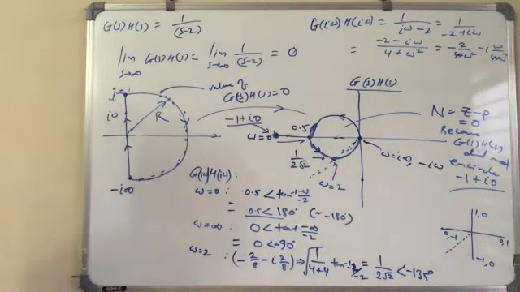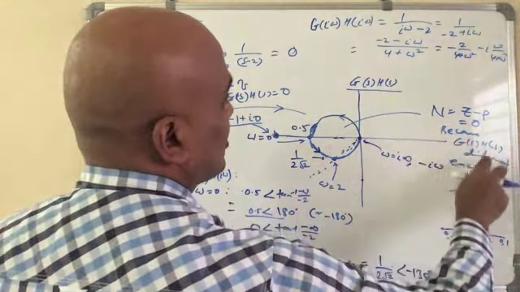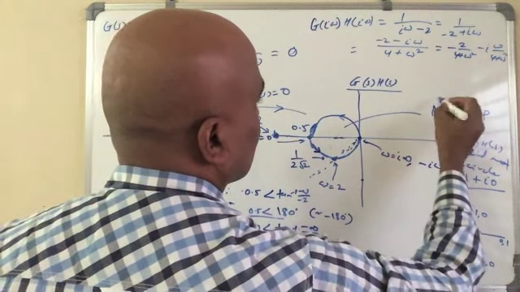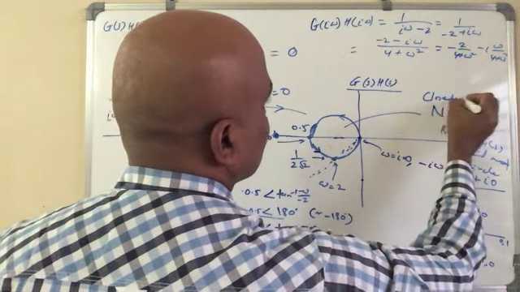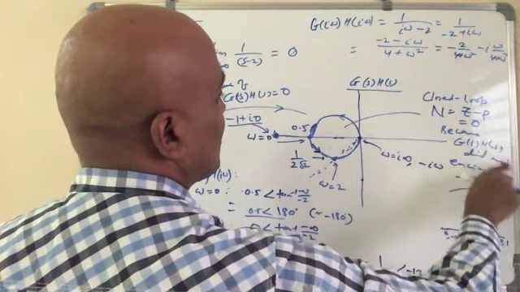For the closed loop, n equal to Z minus P equal to 0, because it is not encircling.